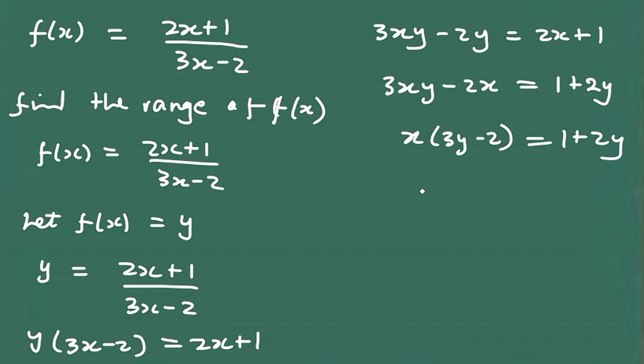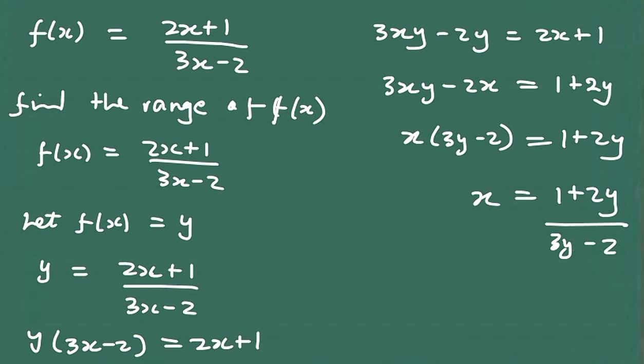Alright, so it means that x will be equal to, when you divide through by 3y minus 2, 1 plus 2y all divided by 3y minus 2.